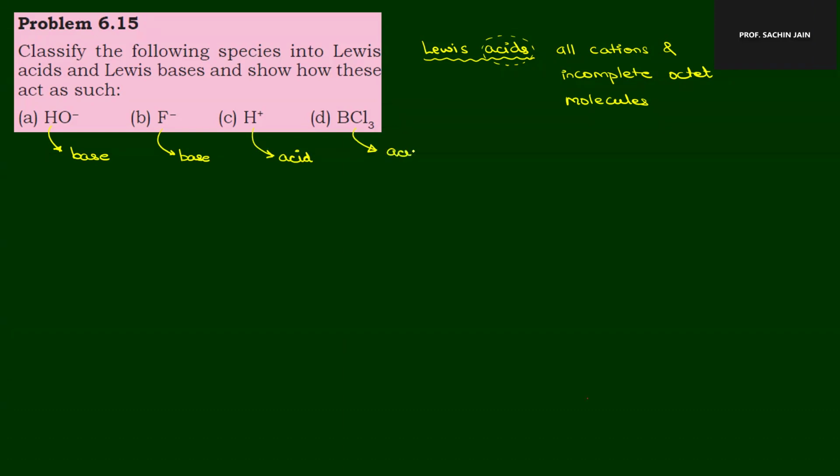So this will be an example of electrophile or the Lewis acid or the lone pair acceptor, because they will have the tendency to accept the lone pair and form corresponding stable compound.